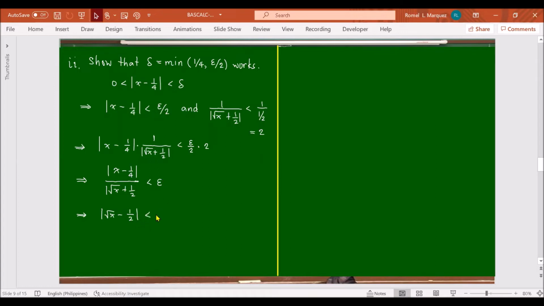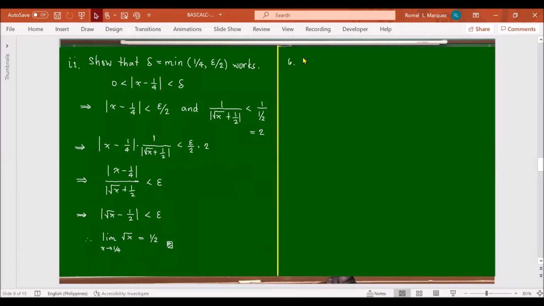And this is less than epsilon. So we have shown that the absolute value of f of x minus L is less than epsilon. Therefore, we say that the limit of square root of x as x approaches 1/4 is equal to 1/2. Okay, guys? So that ends that proof.